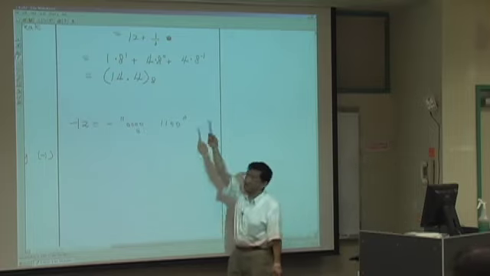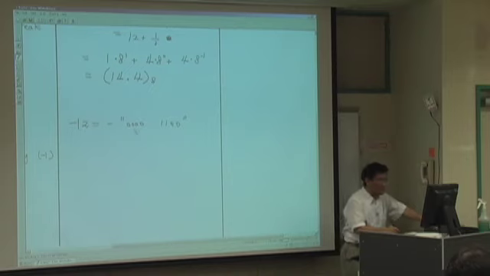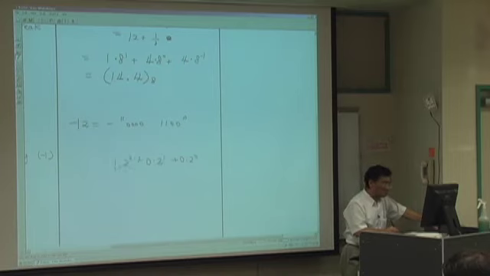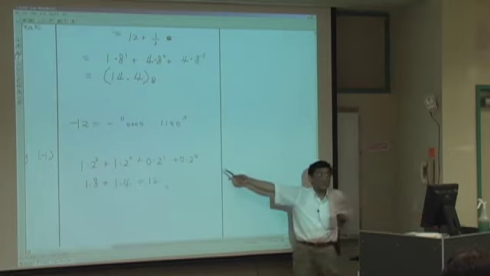If you don't understand these things, you can do this: 0 times 2 to the power of 0, 0 times 2 to the power of 1, 1 times 2 to the power of 2, and 1 times 2 to the power of 3. Then it is 1 times 8 plus 1 times 4, then it is 12. Any questions?